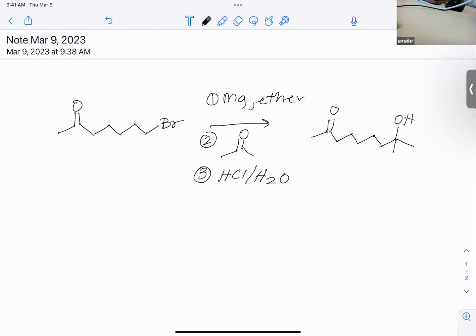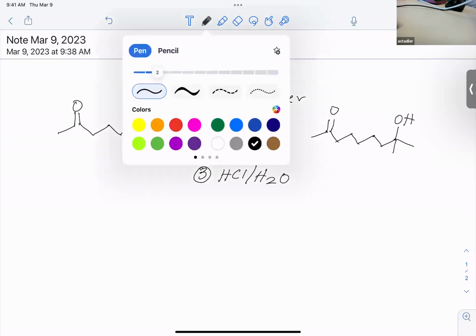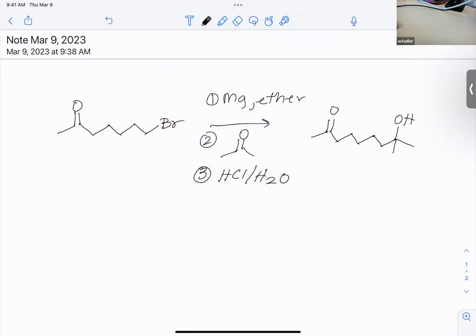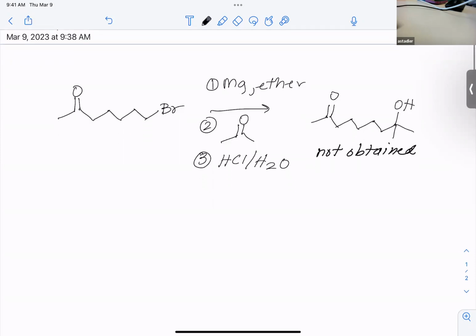That was the desired product, and it was not obtained. Okay. What was obtained, you have the following NMR data.